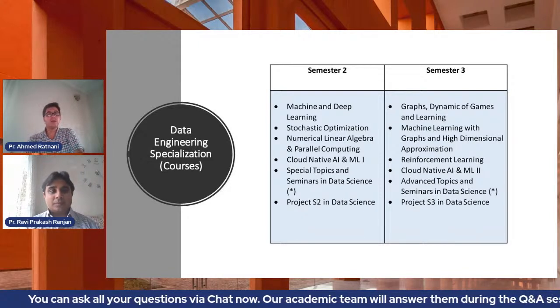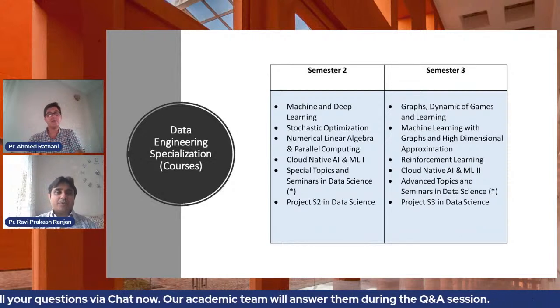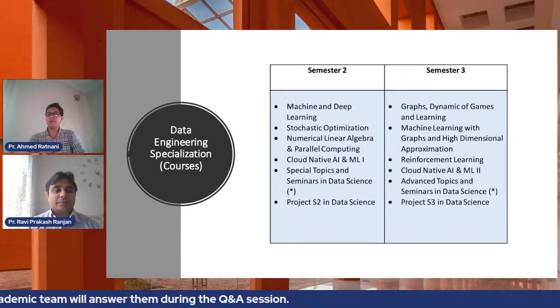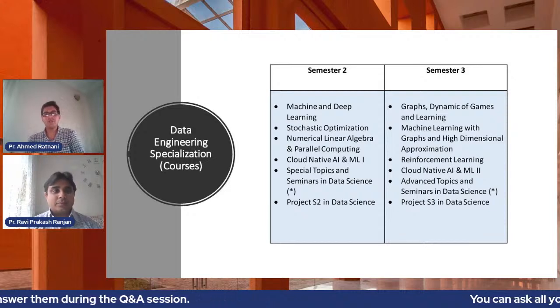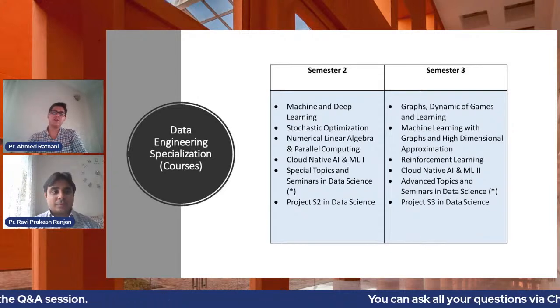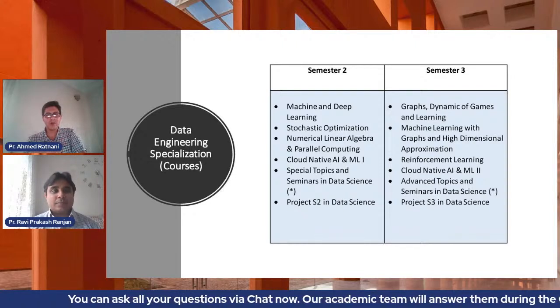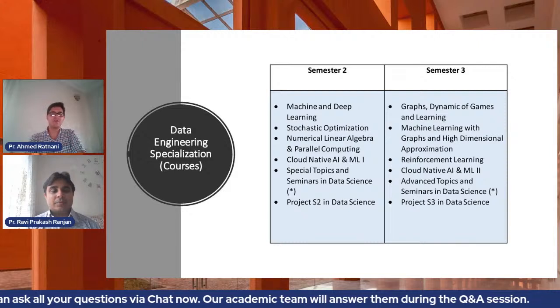Then in the third semester, things are quite advanced, because if you take a look at the program, it is clearly not a computer science program for data engineering. There is a reason why we are introducing graphs and dynamics of games and learning, why we are talking about high dimensional approximation and machine learning with graphs.